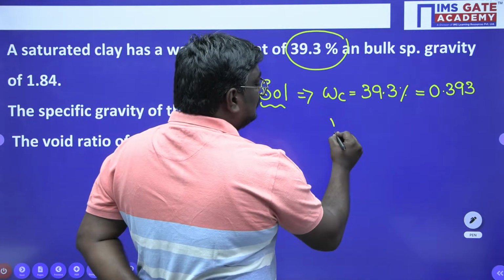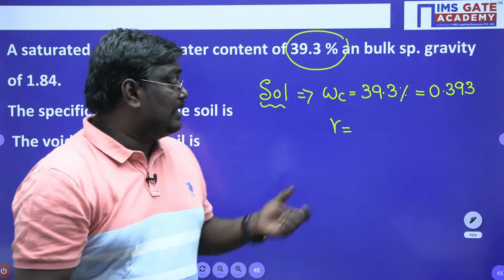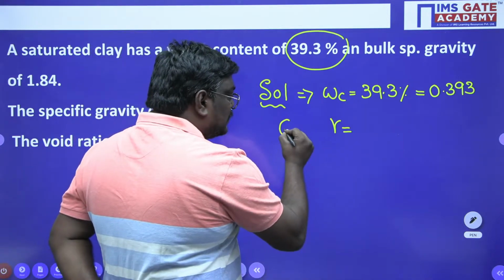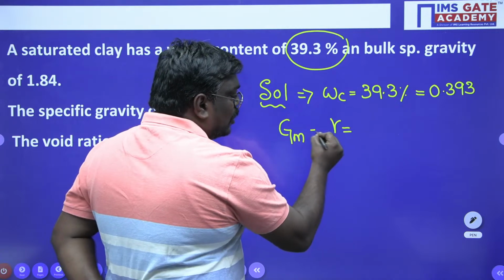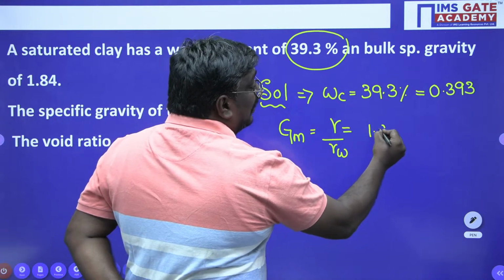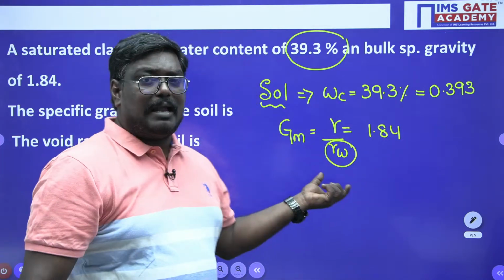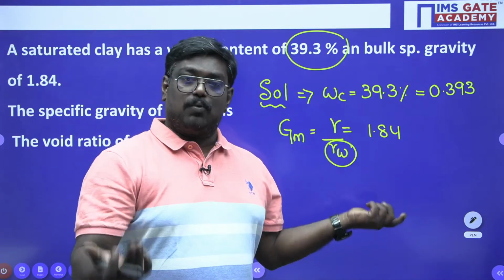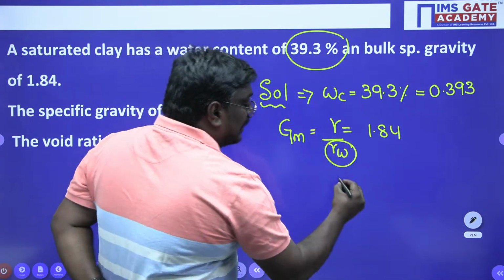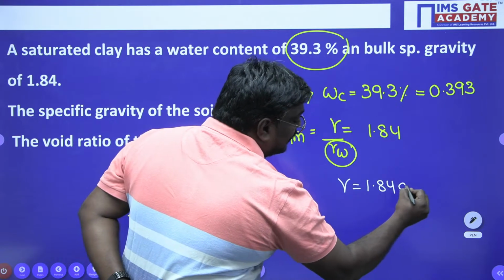The bulk specific gravity is the mass specific gravity Gm, equal to gamma by gamma W, which is 1.84. You know the unit of gamma W: it is 1 gram per cc, so gamma is equal to 1.84 gram per centimeter cube.